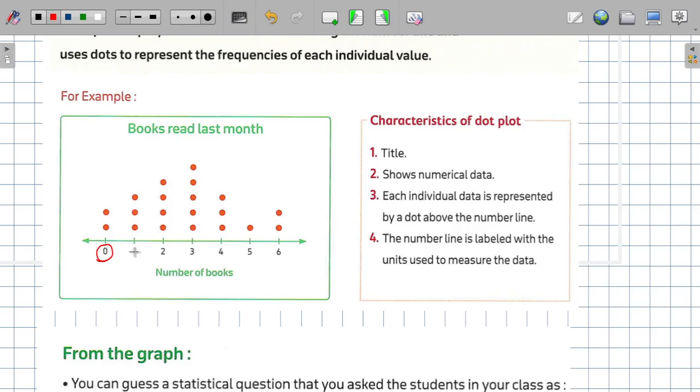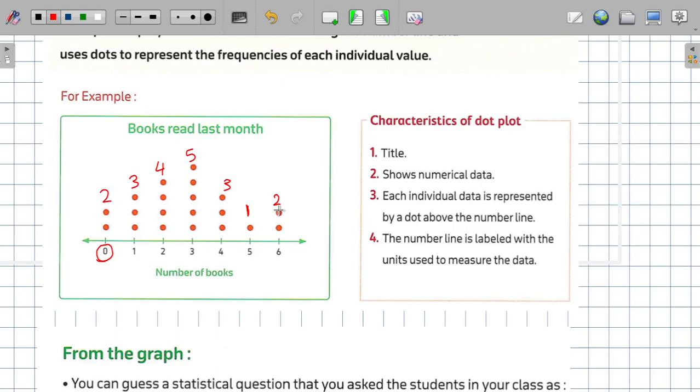Here, 3 students read 1 book. 4 students read 2 books. And 5 students read 3 books. And 3 students read 4 books. And one student read 5 books. And 2 students read 6 books. So here I have 2, 3, 4, 5, 3, 1, 2. Okay?